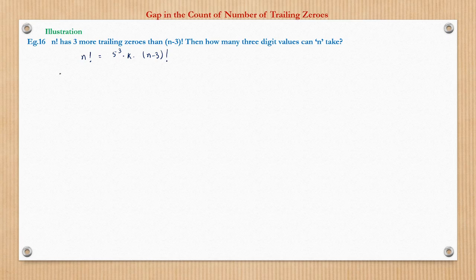So this we can write as n into n minus 1 into n minus 2 into n minus 3 factorial is nothing but 5 cube into k into n minus 3 factorial. This cancels out. So from here we get that n into n minus 1 into n minus 2 is equal to 125k, right?